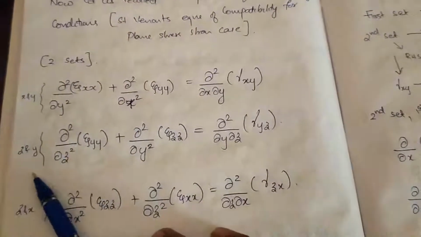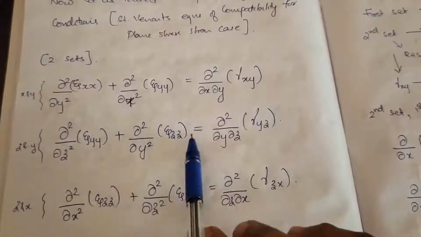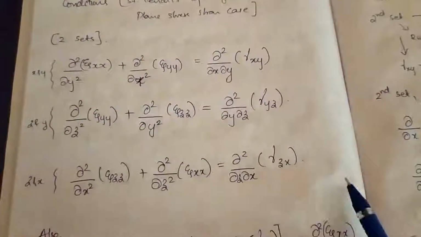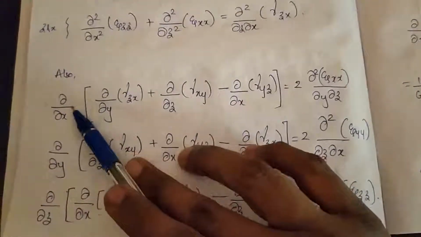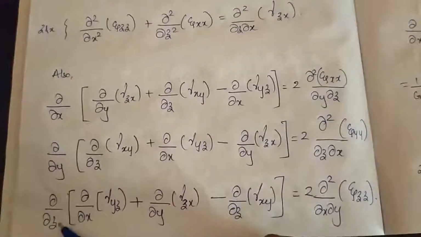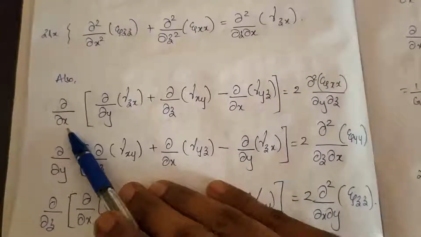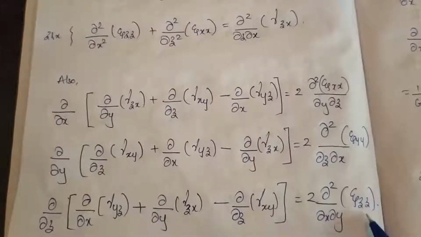So z and y, z and y, similarly you get z and x. The second set is nothing but dou by dou x, dou by dou y, dou by dou z. Here, since this is done with x, you have epsilon xx, here epsilon yy, epsilon zz.